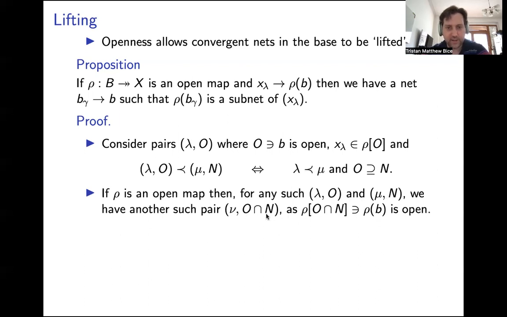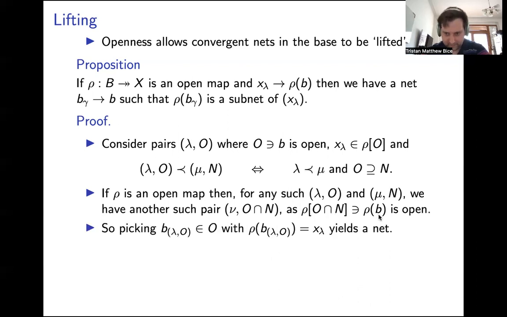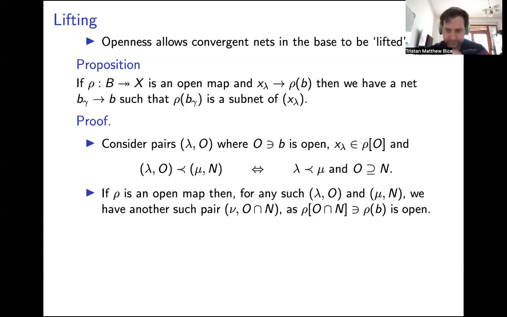So their intersection is again an open neighborhood of b. In particular, if I project the O intersection N onto the base space, I then get something which certainly contains rho(b), since b is within the set.